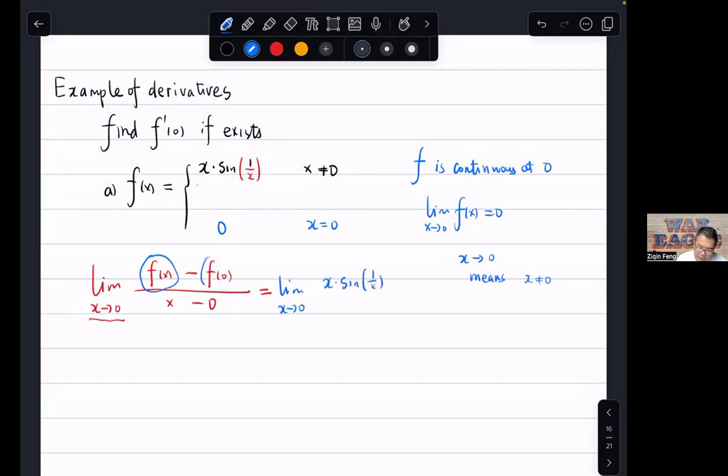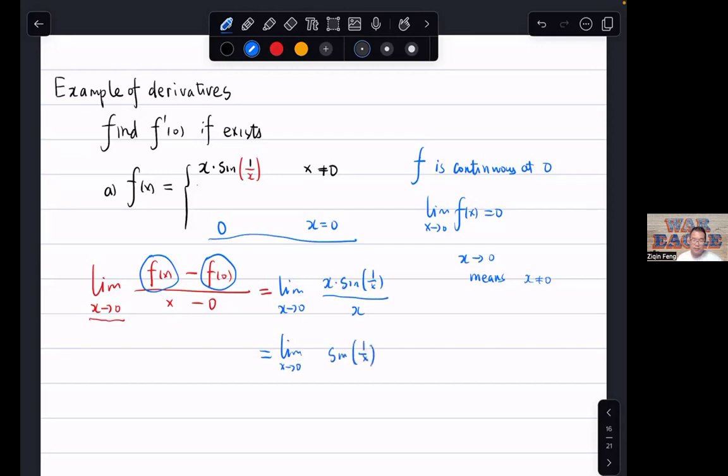What is f of 0? By our definition, f of 0 is 0. Then over x. So this is equal to, as x goes to 0, sine of 1/x.